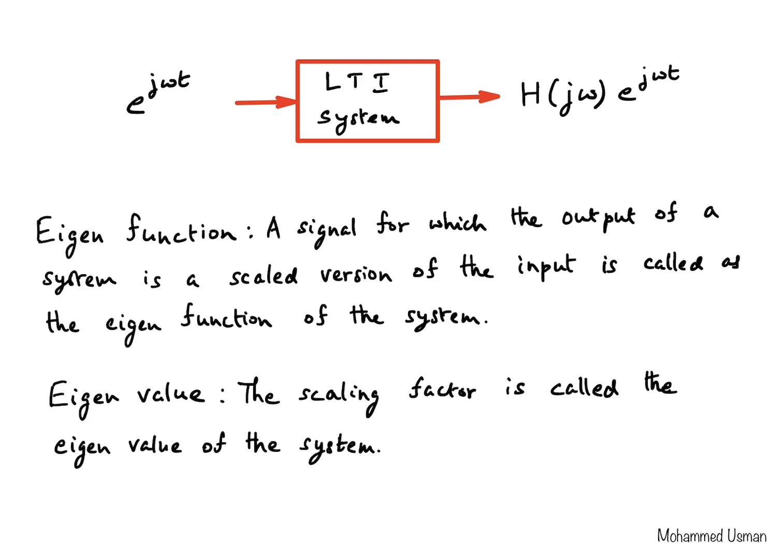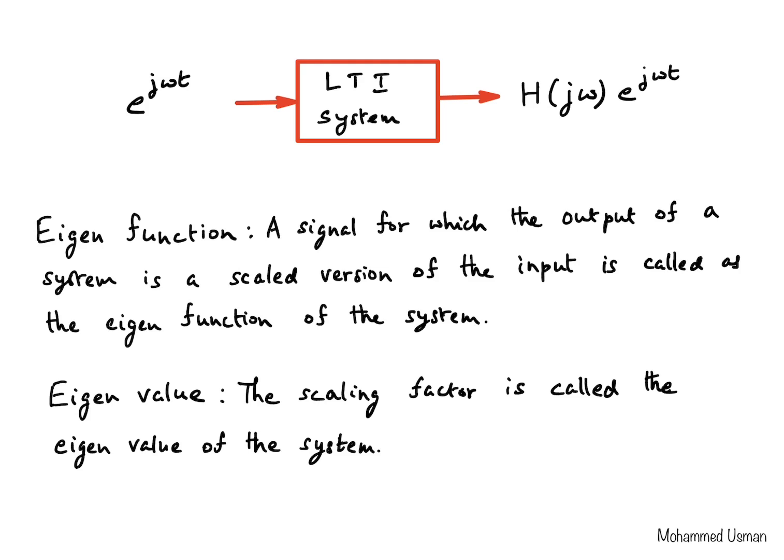Now, any signal which, when applied to an LTI system, produces the same signal as an output, of course scaled by some factor, is called an eigenfunction of the system. So a complex exponential input produces a complex exponential output. So the complex exponential is called the eigenfunction of the LTI system.